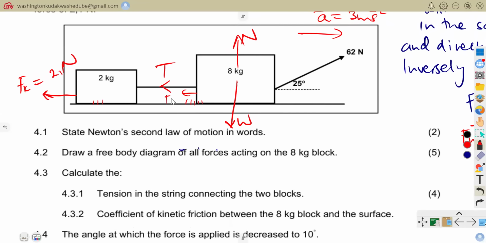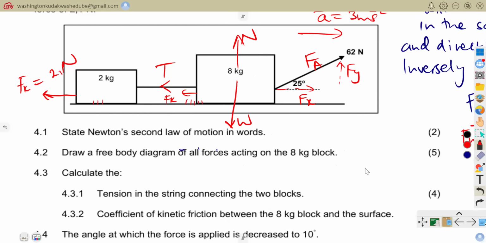So I would also have the kinetic frictional force as the object is moving. I would have the vertical and horizontal components of the force, F in the x direction and F in the y direction, or else I can just have F applied there.